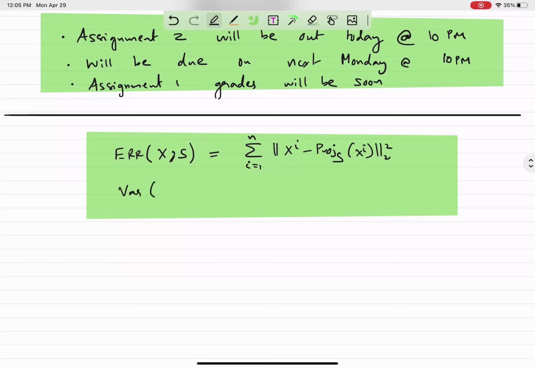And then we also had this notion of variance, which was to maximize the length of these projections. Okay, so minimizing the error was the same as maximizing the variance.